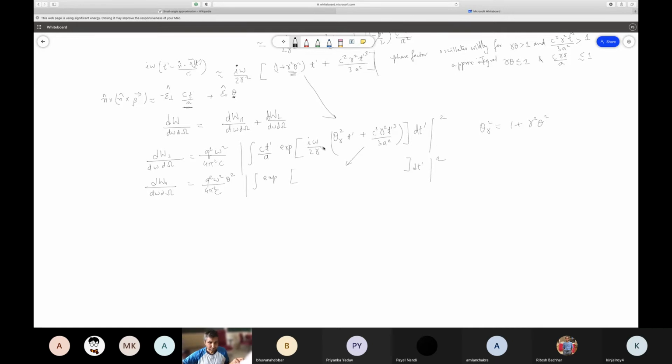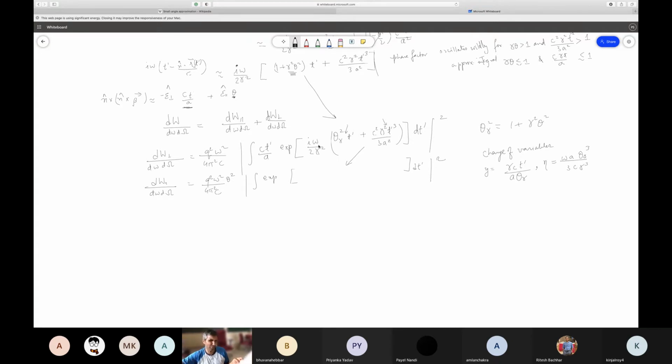Now we can simplify these integrals. We can have a change of variables again. We can have y equal to gamma ct prime by a theta gamma. So wherever you have t, you can replace it by y, and you have another parameter introduced, which is omega a theta gamma cube by 3c gamma cube.